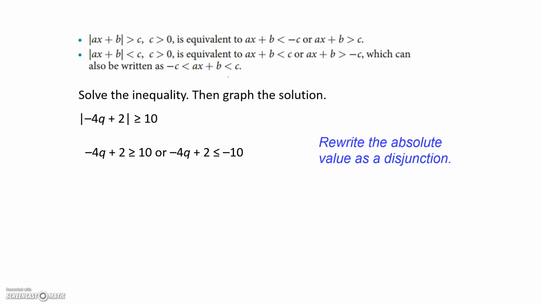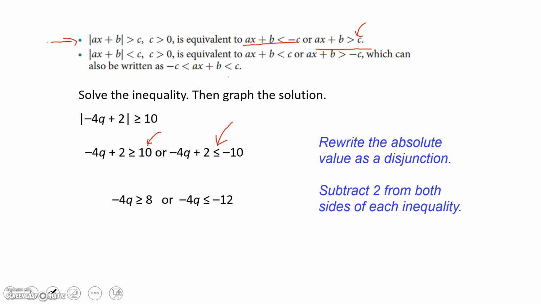We are going to use our greater than two rules. So our inside will be less than the negative, which is this one here, and it will be greater than the positive, which is our second one here. So we would then proceed to solve both of those inequalities separately.